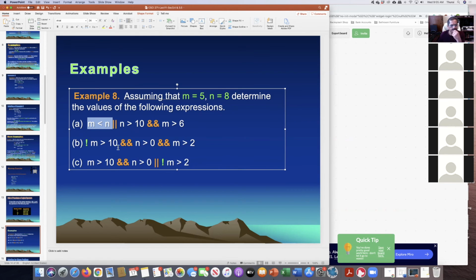So that's true. And going to the next one, n greater than 10 is false. N greater than 0 is true. M greater than 2 is true.